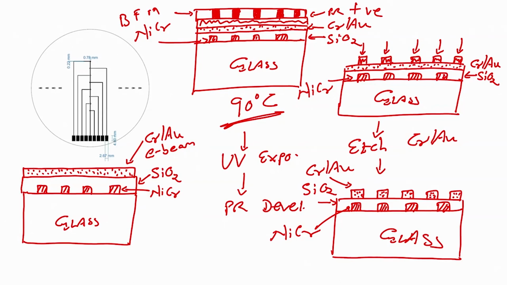Next step is we have to create channels, right. We have to create channels. This is super easy. Okay. There are two ways. I will show you one way today, and then sometime in the next modules I will show you the other way of creating these channels, right. Today we will be learning the creation of these channels by using a mold that is fabricated using SU8.